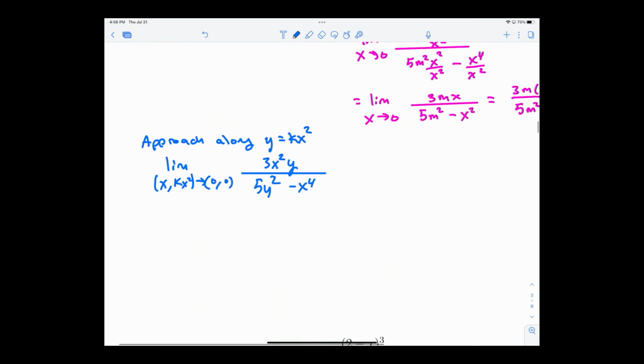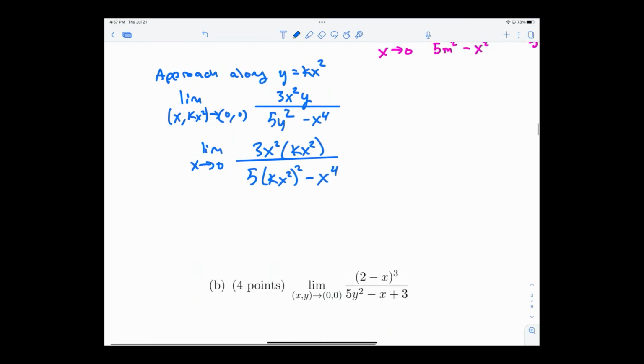I didn't replace the things, so let's actually replace the y's with what they are. So we have 3x squared times kx squared. On the bottom, we have 5 times kx squared squared, and then minus x to the fourth.